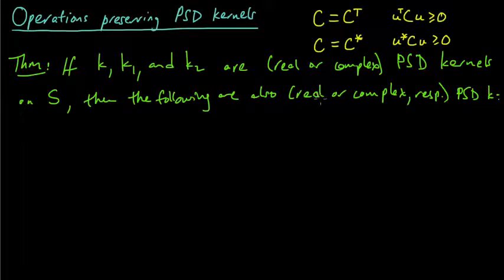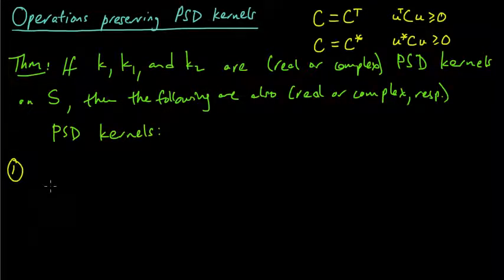So in each of these statements, if these are real, then what you end up with is a real positive semi-definite kernel. Maybe let me write that line down here so that's clear. And if you start out with complex kernels, then you end up with complex kernels, but you can't mix and match in this theorem. Okay, so finally we get to the first one.